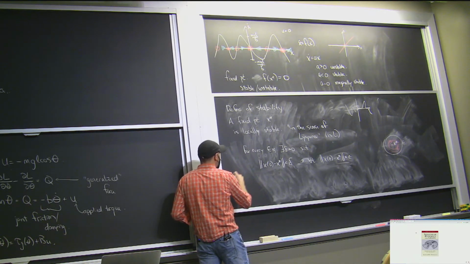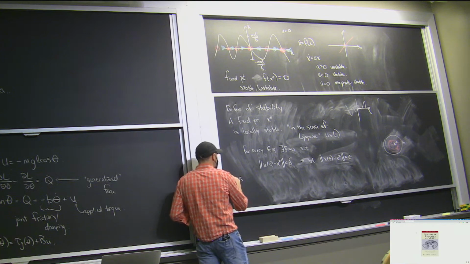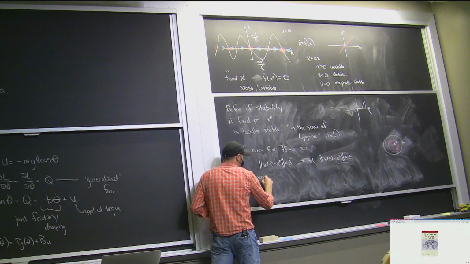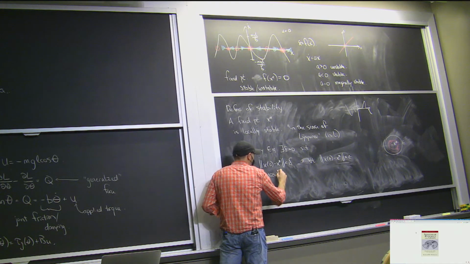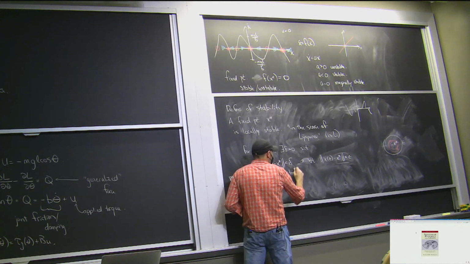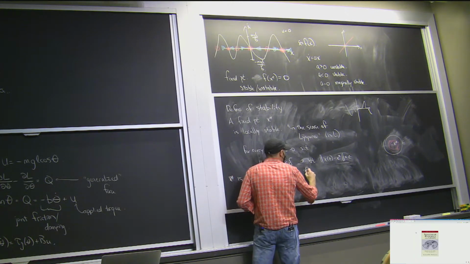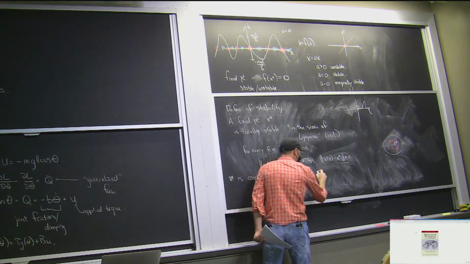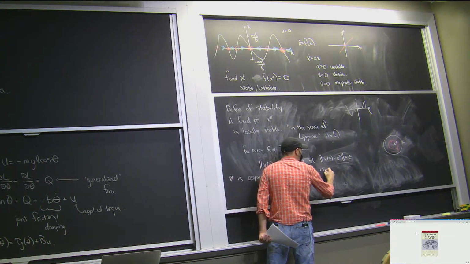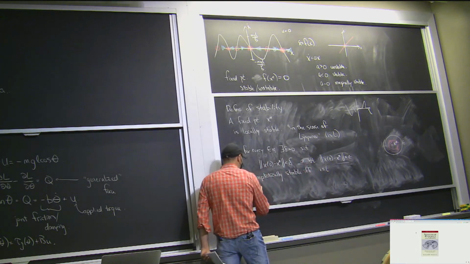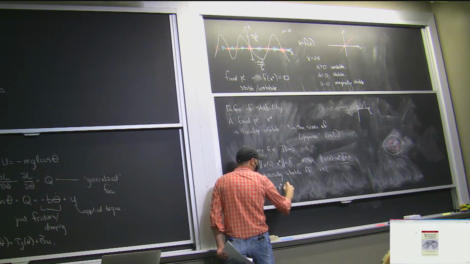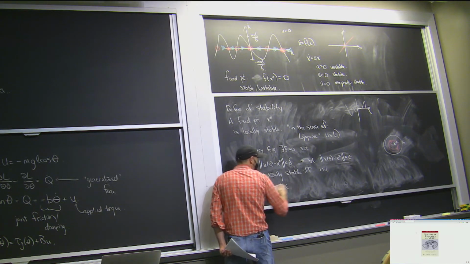I'll say x star is asymptotically stable if it's stable in the sense of Lyapunov, and x of 0 equals x star plus epsilon.